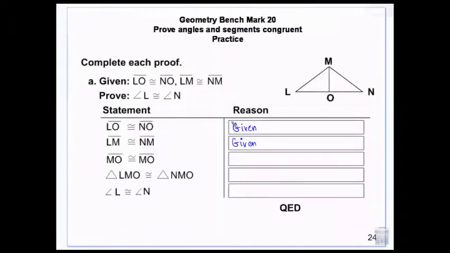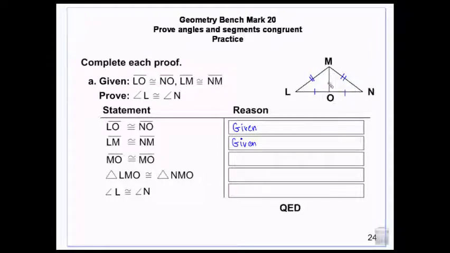So we have a new set of proofs. LO is congruent to NO. That's given. And LM is congruent to NM. That's given. So like this is already here, but even if that wasn't there, if I look at this, I have two sides. So that gives me my choices are side, angle, side, or side, side, side.